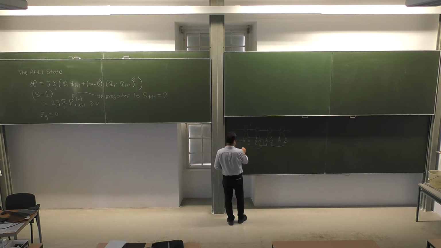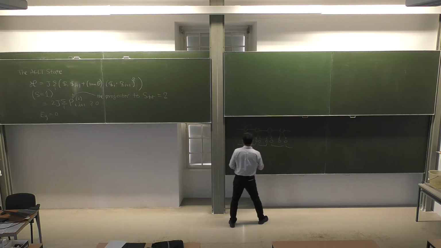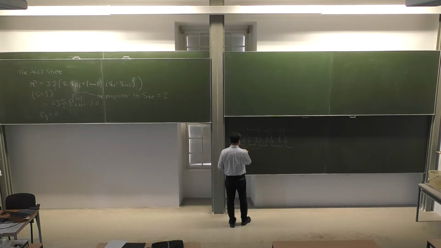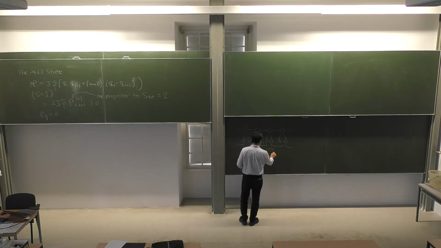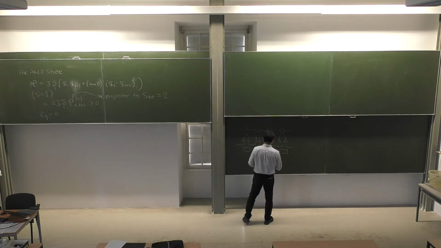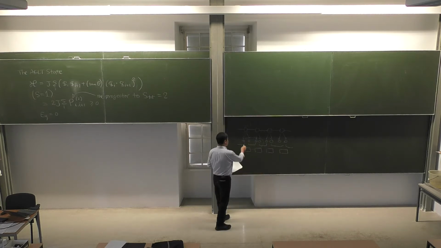So after forming singlets, we apply some symmetrization operator which projects each site into a spin 1 state.